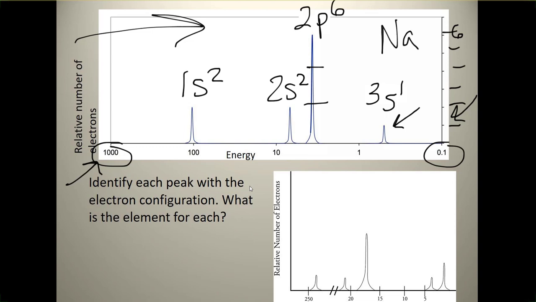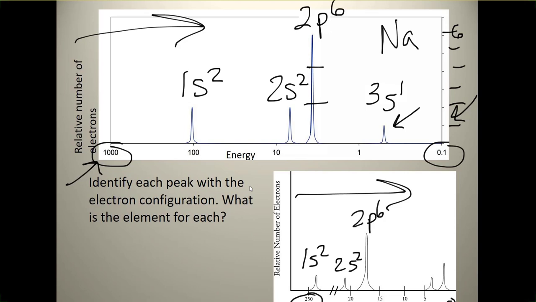Let's do this last one here. I see that it starts with 250 and then goes to 0 down here at the end. So I am going to read it this way, again from highest to lowest energy. I will label this first one 1s2, 2s2. We see this next peak looks triple, so 2p6.